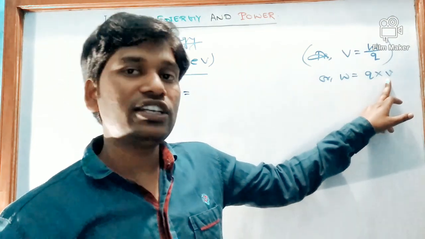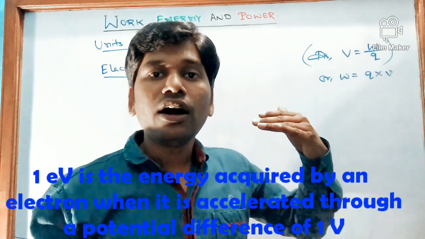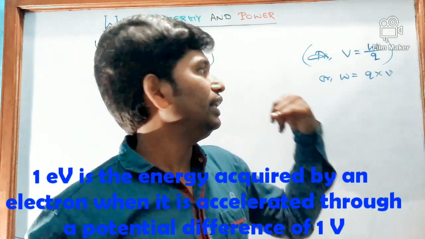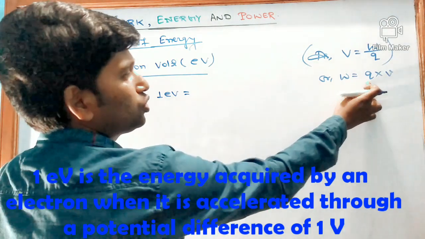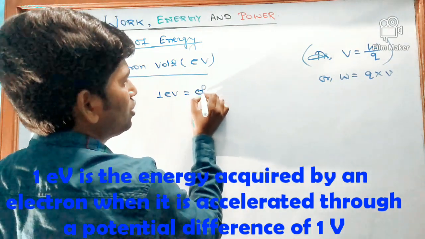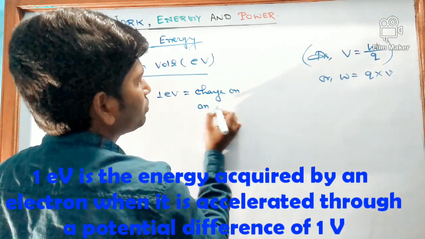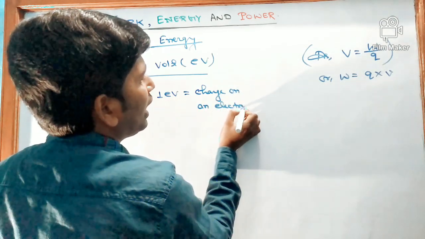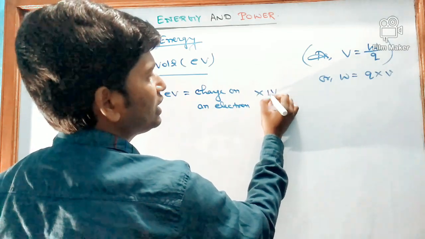If a potential difference of 1 volt is applied, the energy gained by the electron is called 1 electron volt. We can write the charge on an electron into 1 volt.